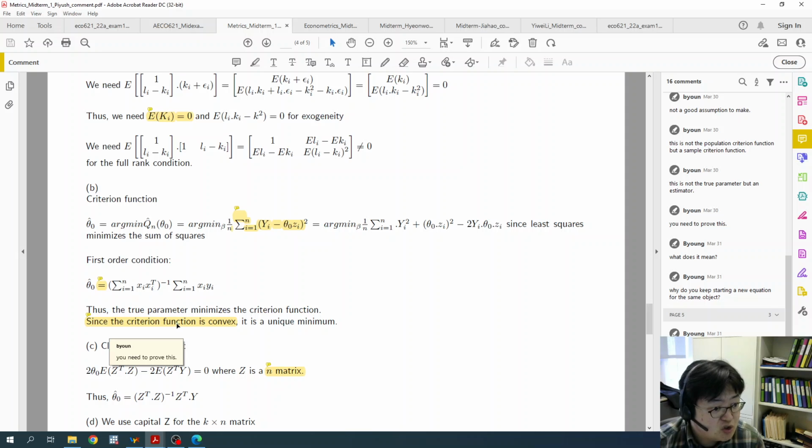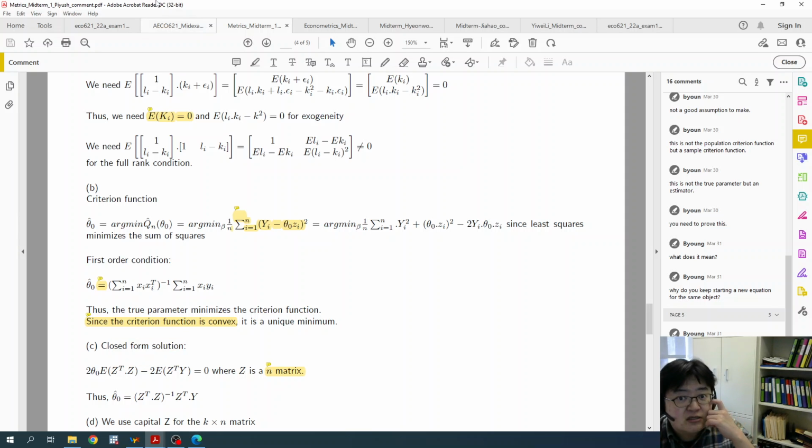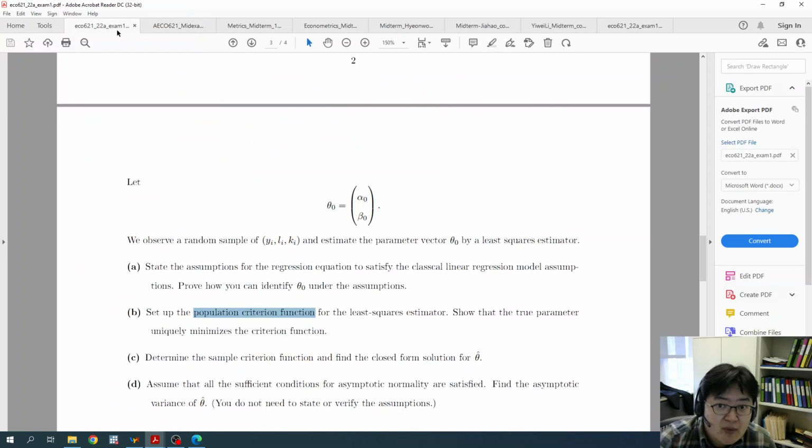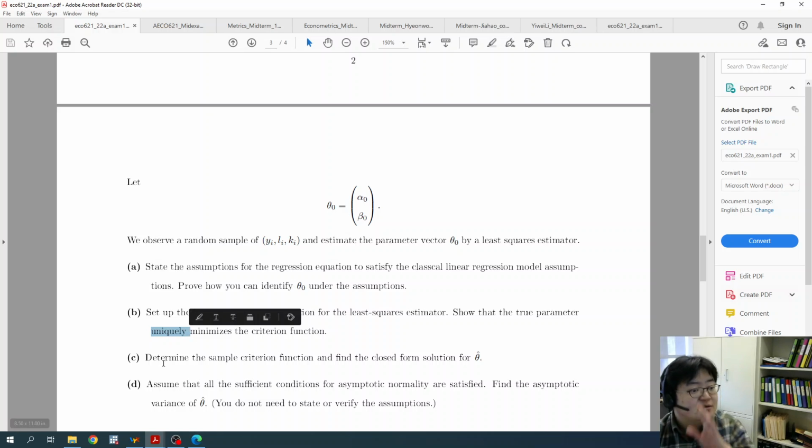The second order condition should be verified because that's important. In this proof, show that the true parameter uniquely minimizes the criterion function. The point is that it is unique, right? Of course, you have to show that it is a minimum, but the main point of this proof is uniqueness.